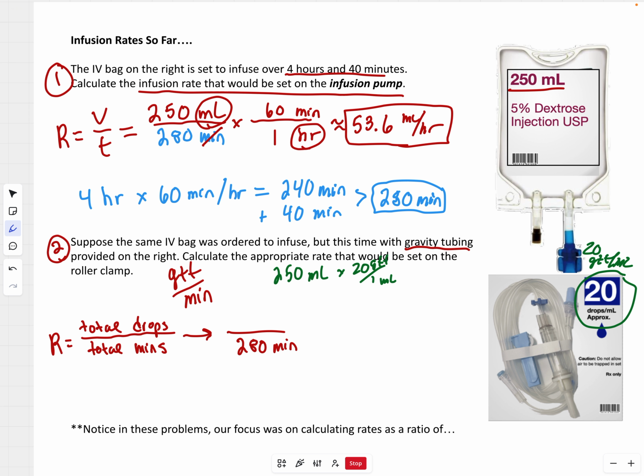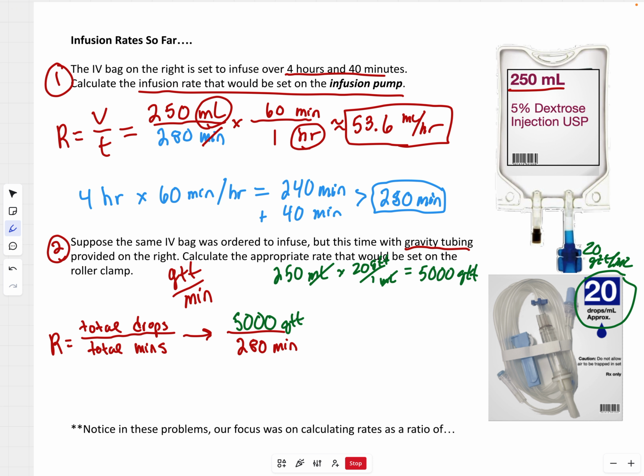So we can multiply by 20, and we should get 5,000. There are 5,000 drops in this bag. With this tubing, it will break the 250 mLs into 5,000 drops.